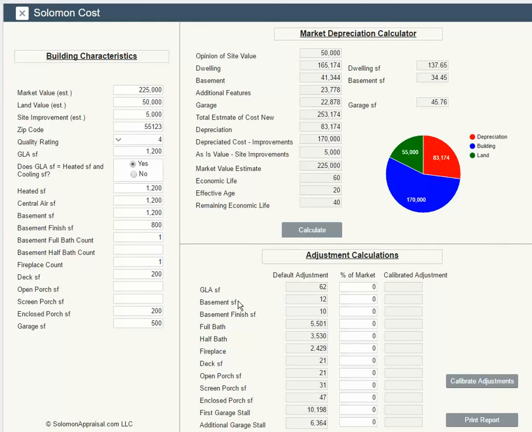A recent survey of Solomon users shows that GLA should be calibrated at about 60%. So we enter 60 in the center column, click Calibrate, and the result is a GLA adjustment of $37.